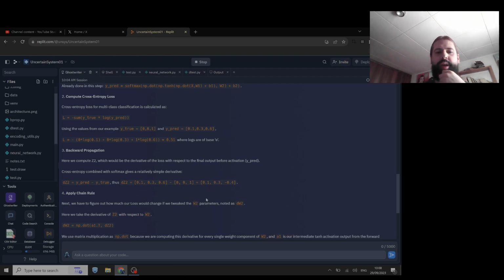Next, we have to figure out how much it's Z2, which could be the derivative of the loss with respect to the final output. I mean, why is that even the first step? It's not really explained here, but I assume it's because you're going to need it for the final formula, right? Apply the chain rule. Next, we have to figure out how much our loss would change if we tweak W2 parameters, known as dW2.